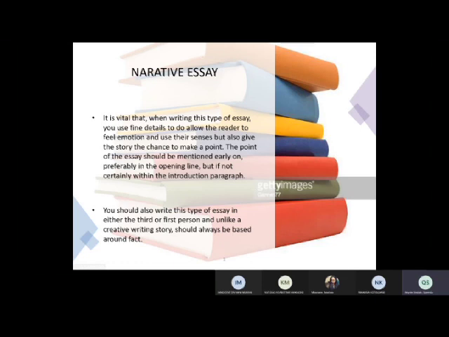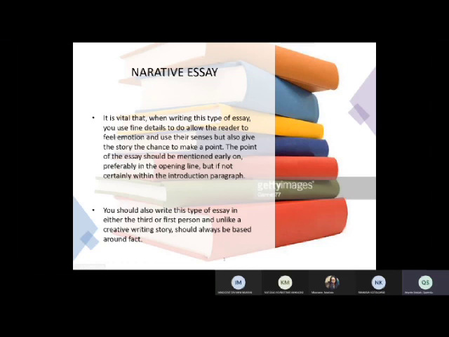The point of the essay should be mentioned early on, preferably in the opening line, but if not, certainly within the introduction paragraph. You should also write this type of essay in either the third person or the first person. And unlike a creative writing story, you should always be based around facts.